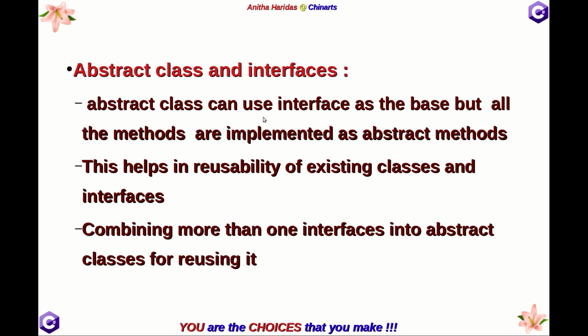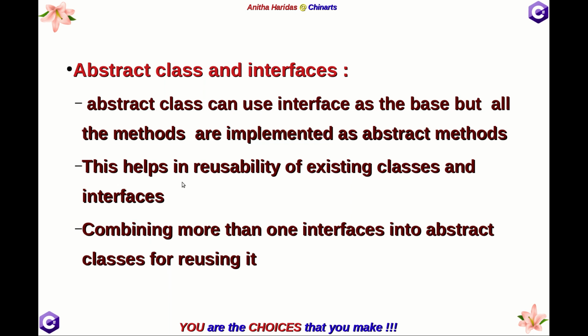An abstract class can use an interface as the base. You can extend an interface to an abstract class, but all the methods are implemented as abstract methods. So whatever public methods you have in the interfaces, everything will be implemented as abstract methods. This helps in reusability of existing classes and interfaces.